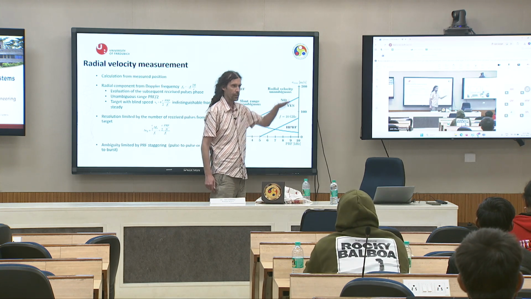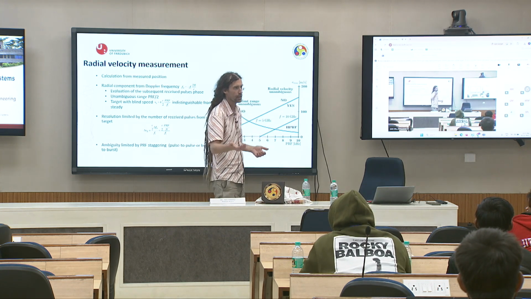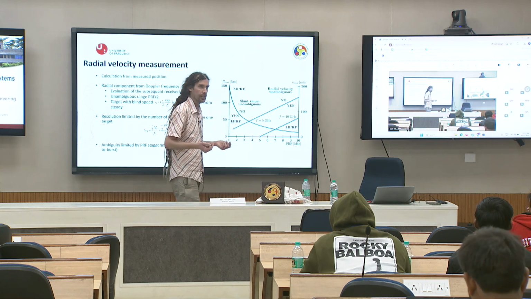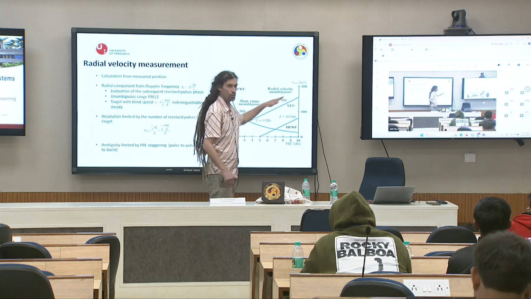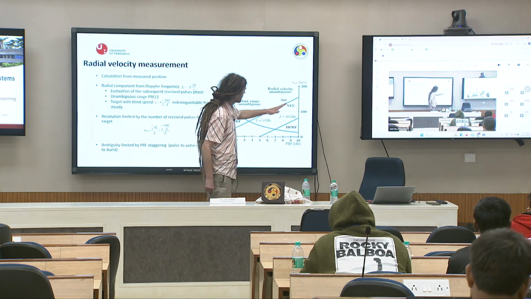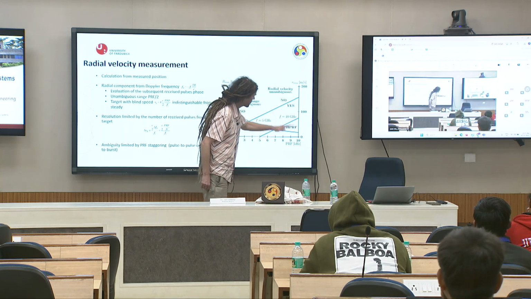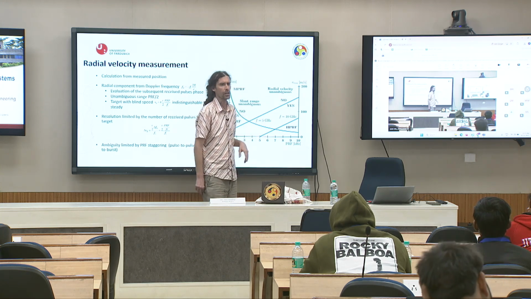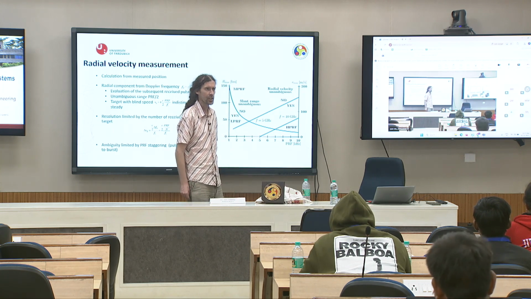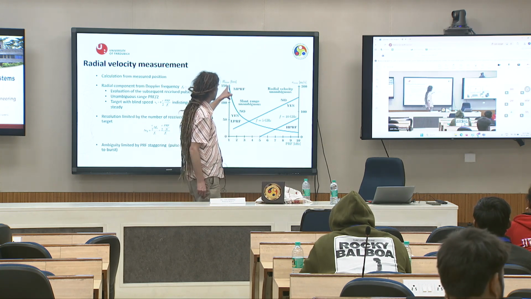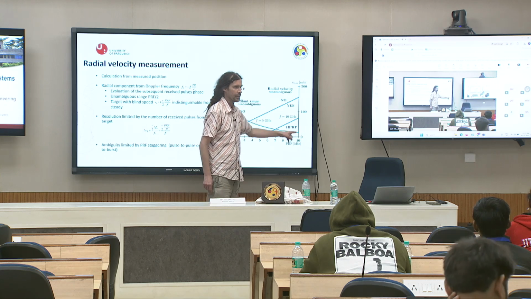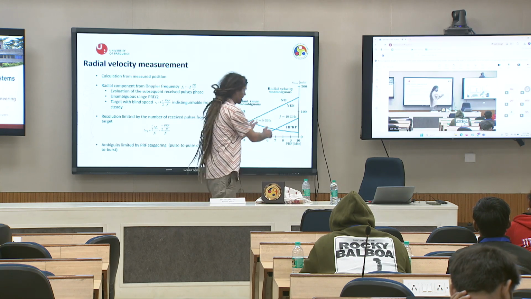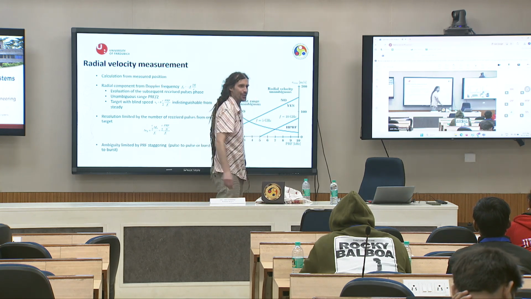For each carrier frequency, of course, you have a different wavelength, and it corresponds to a different line. So there is unambiguous, yes, there is no. So it is like you have two Y axes. It is a little confusing graph, but I think the message is clear. If you want this good, this will be bad. If you want this good, this will be bad. So you need to be somewhere in this area, of course.